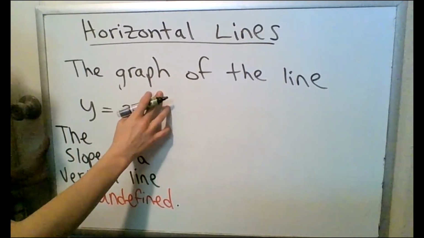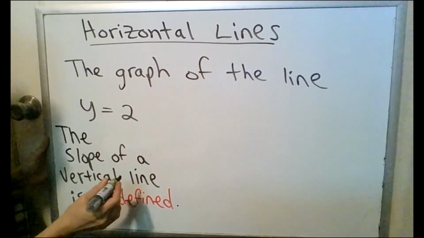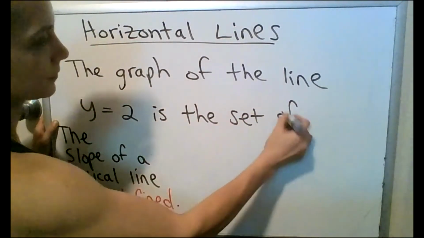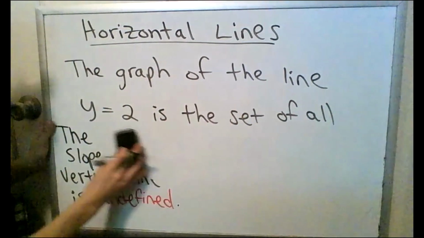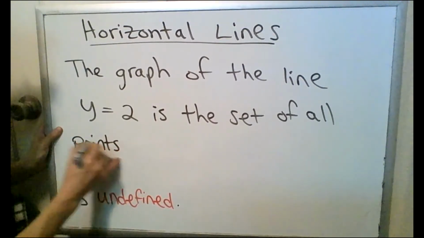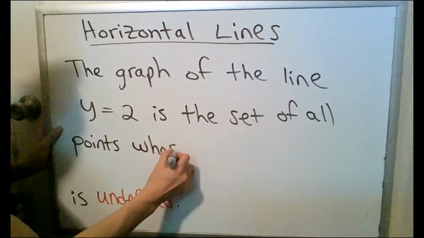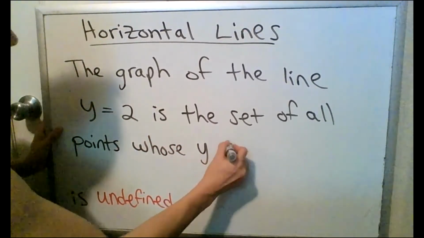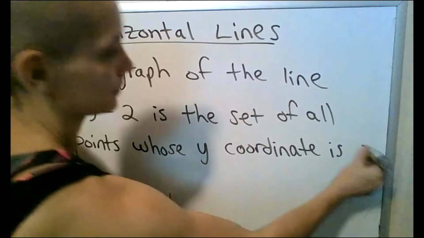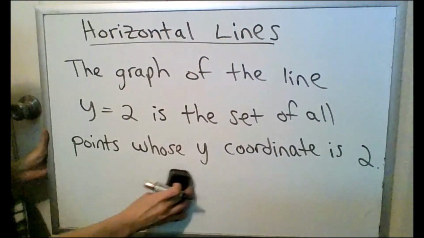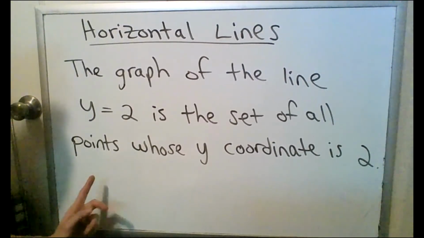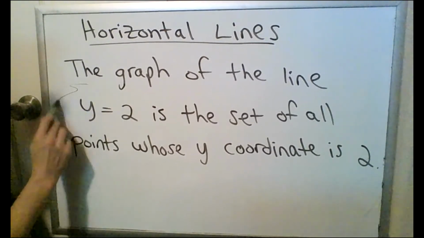So this graph is the set of all points whose y coordinate is 2. And there is no x value mentioned, which means x can be any number.